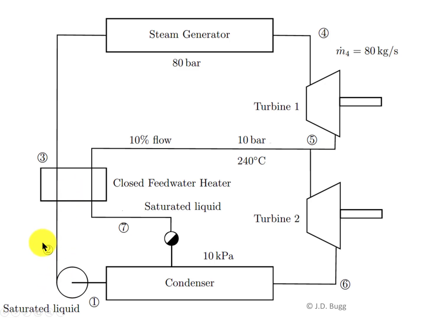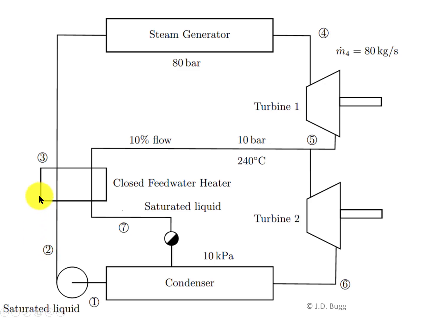So whatever the properties are at 2, that feed water is going to pass through the closed feed water heater with no change in properties. So the first effect that we'll be recalculating is that the heat added into the steam generator is going to have to be bigger, because the inlet enthalpy for the steam generator will now be our value of H2.